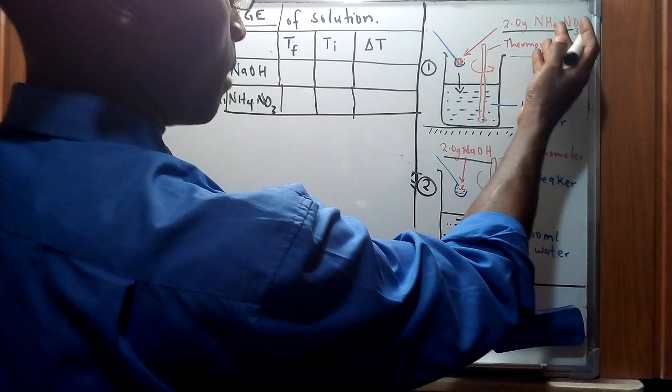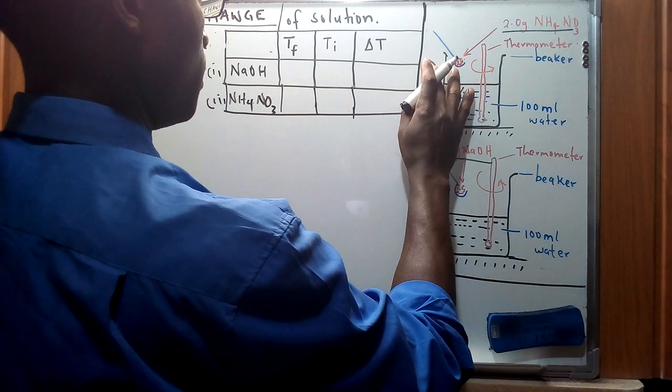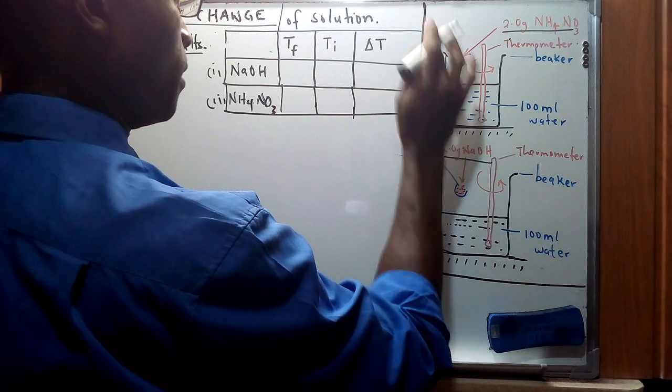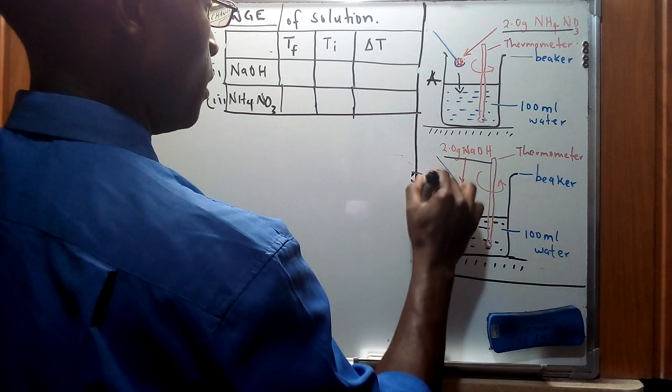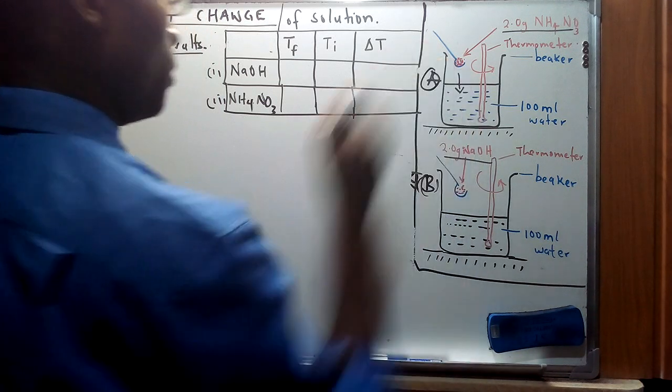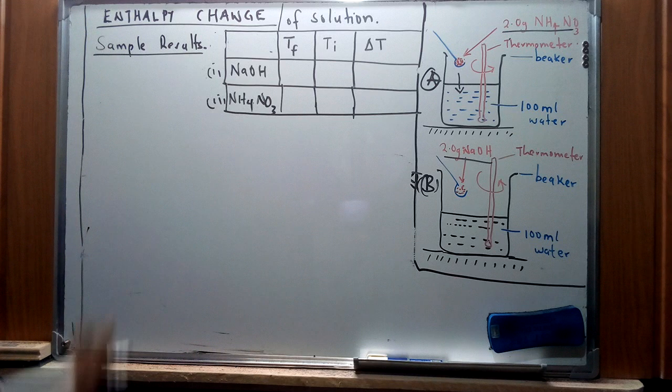So for the first one is ammonium, or maybe I can just say this is setup A. It's just because we already changed the table. So for that case, we are going to use the two illustrations. So I'm going to use sample results for us to have a discussion about the one that we have already illustrated on the board, as I've said, since we could not do the experiment.